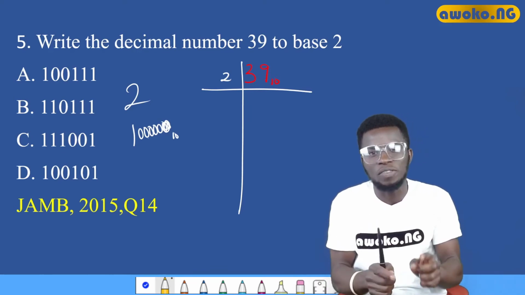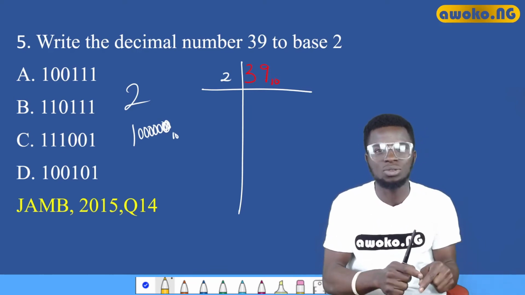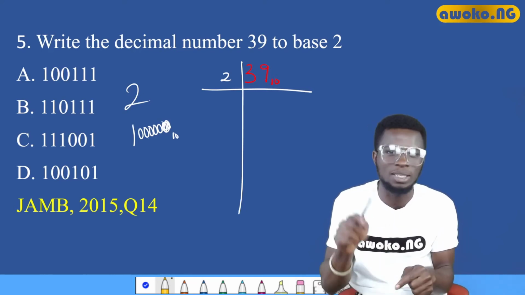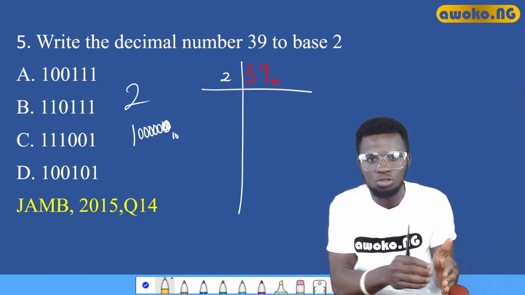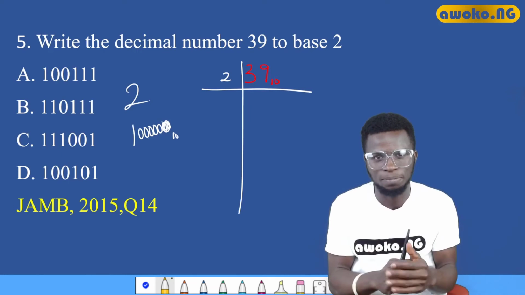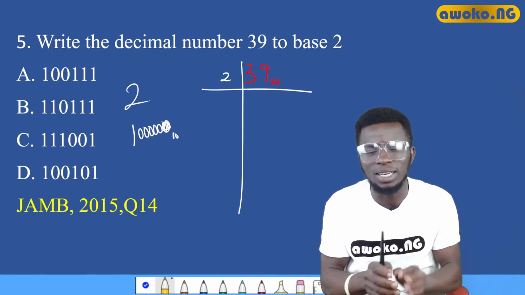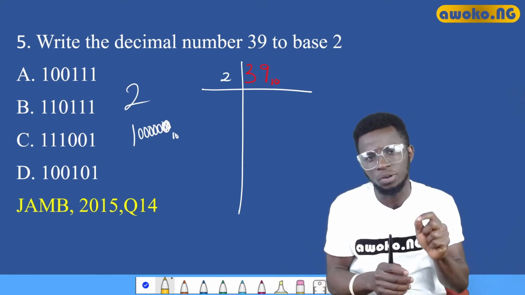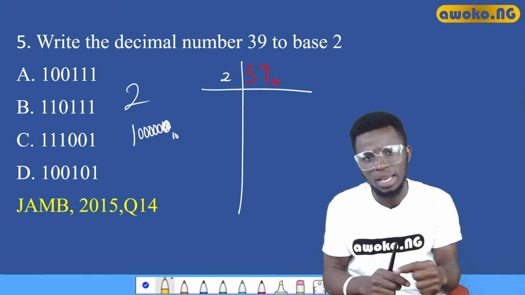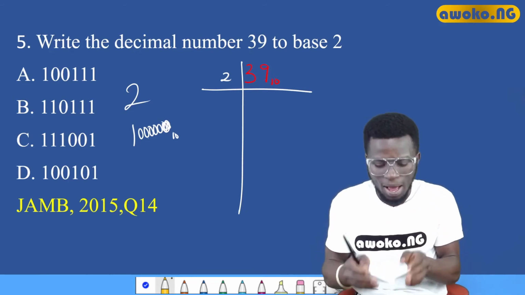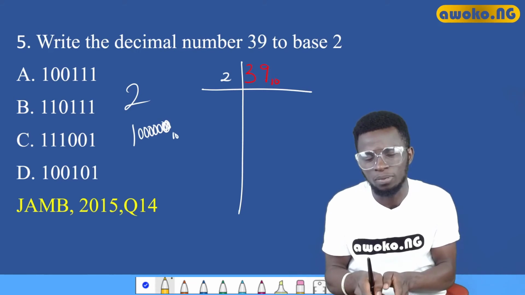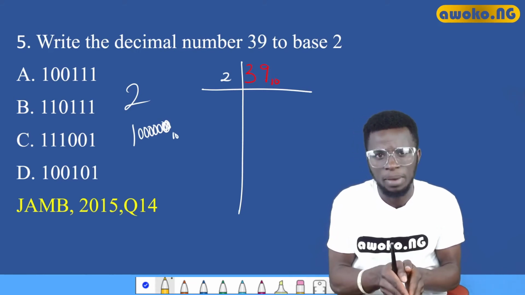So you can't convert a number in base 6 directly to another number in base 3 without passing through base 10. But in this case, they've already converted one particular number for us to base 10, which is 39, and we're asked to convert this 39 base 10 to base 2.